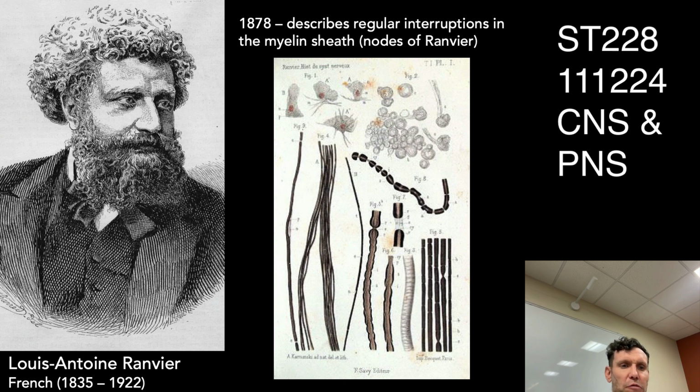The next sort of leap forward in our understanding of the structural and functional significance of neurons and the relationship to the white and gray matter came from this guy Ranvier, another Frenchman, who in 1878 was able to very clearly, building on the work of Robert Remak, say, oh well, this myelination that we see gets interrupted in regular intervals.